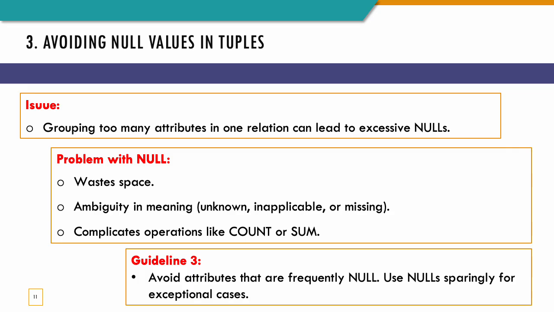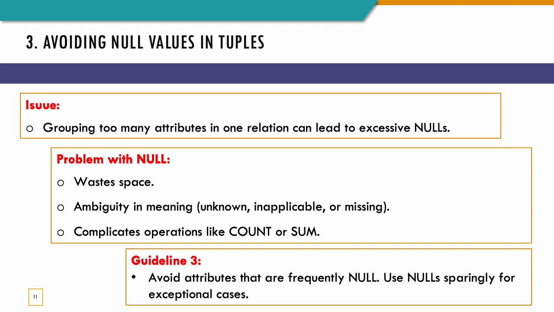First is wasting your space. Storing null values still takes up some storage space, even though it doesn't actually contain any useful data. The more nulls you have, the more space is wasted. So try to avoid null values.